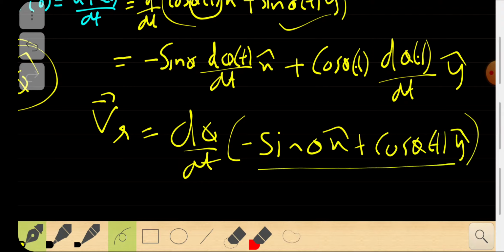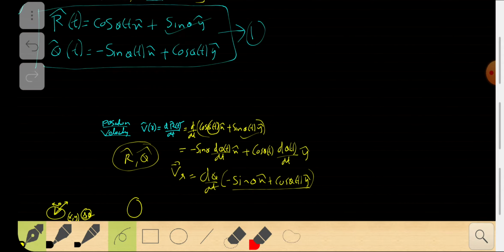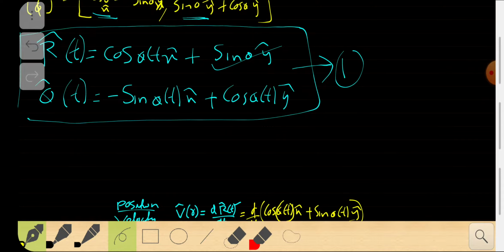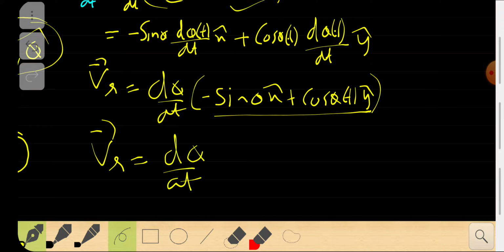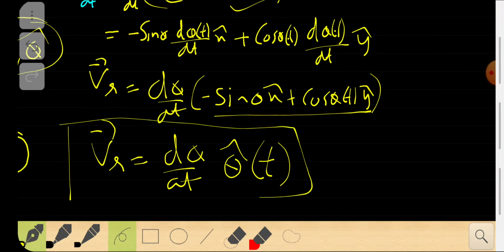So minus sine theta x cap plus cos theta y cap is theta cap. So that means the velocity in the radial axis is equal to d theta by dt times theta cap of t, right? So theta cap of t, this is very important now.